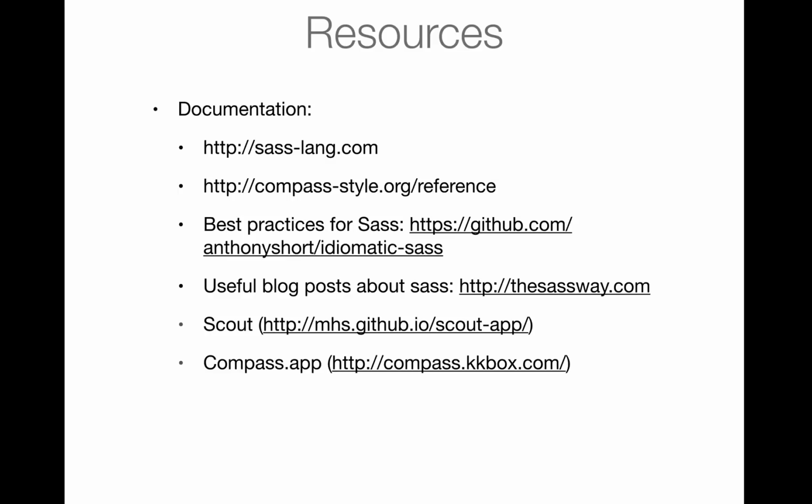So if you want to learn about the built-in functions, or about how to do different tips and tricks like replacing a text with an icon, then there's lots of blog posts up there. And then there's also links here to Scout, the Scout app for converting Sass to CSS using Compass, and also compass.app, which is the other GUI tool that you might want to use.